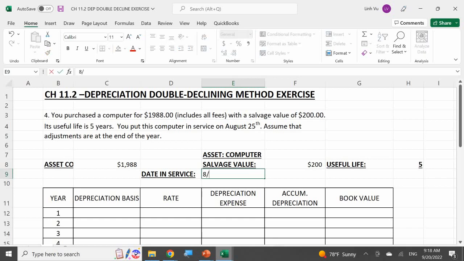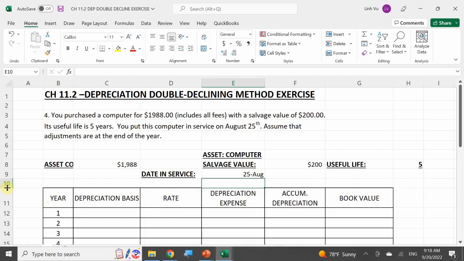August 25th. So when do I actually start depreciating it? Starting September. If you're depreciating at the end of the year, December 31st, how old is your asset going to be? 4 months. Good, right? So the first year, you have to keep in mind 4 months.